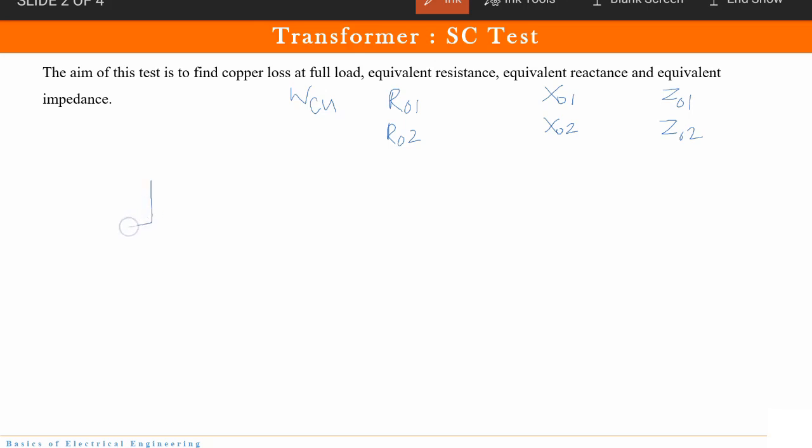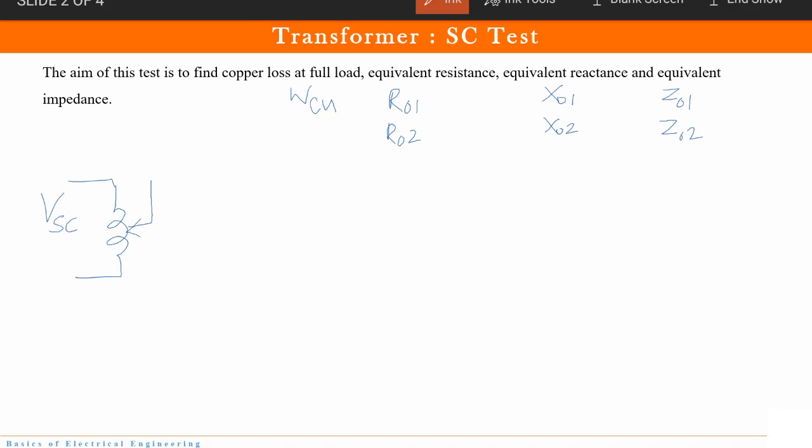Here we have the variac to which the input voltage is applied, and since we are talking about the short circuit test, we will use the subscript SC. So VSC is actually the primary voltage only, which was earlier represented by V1.